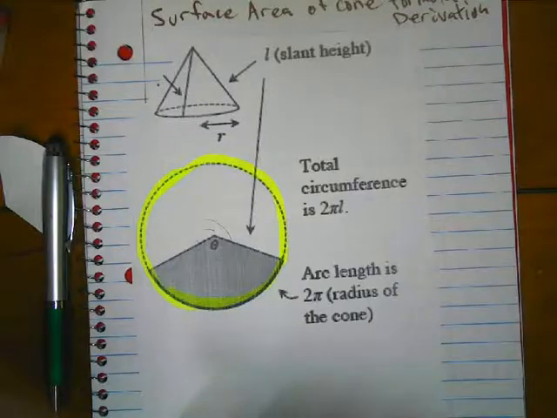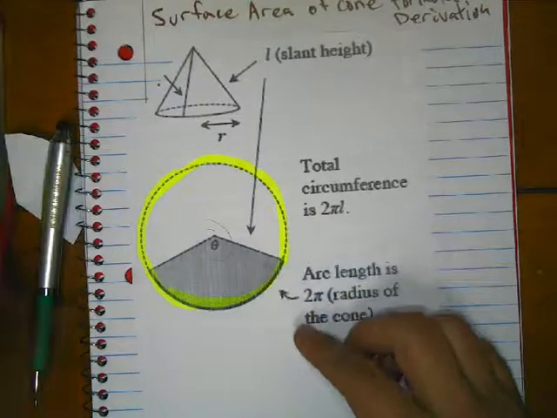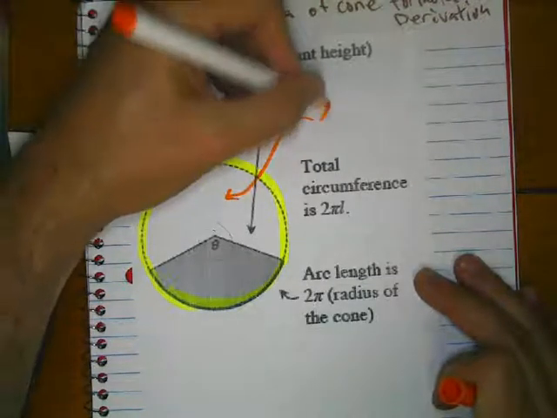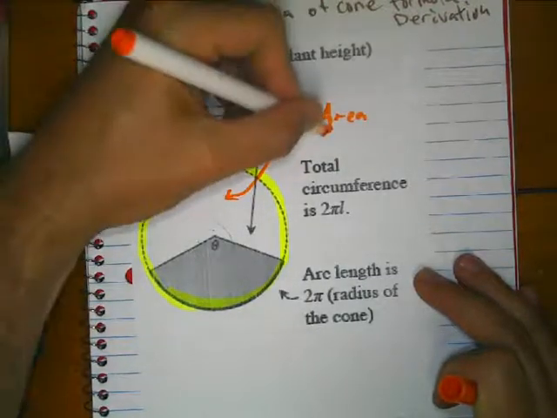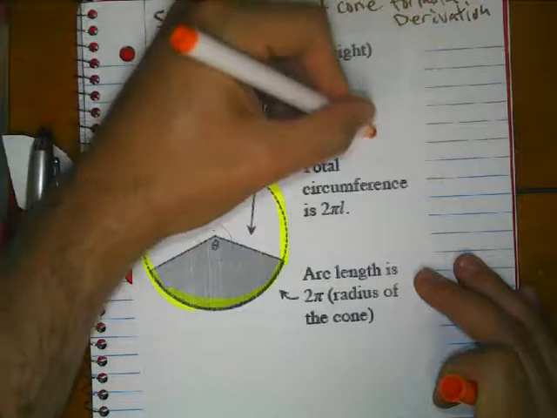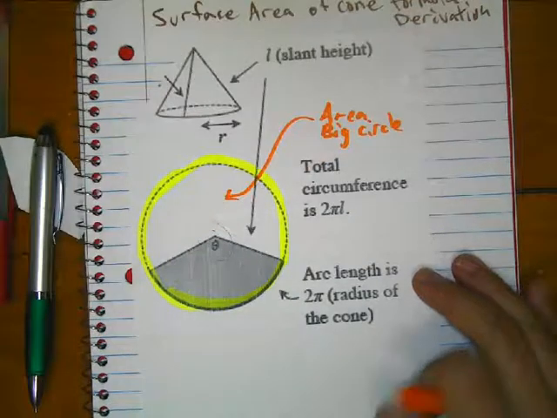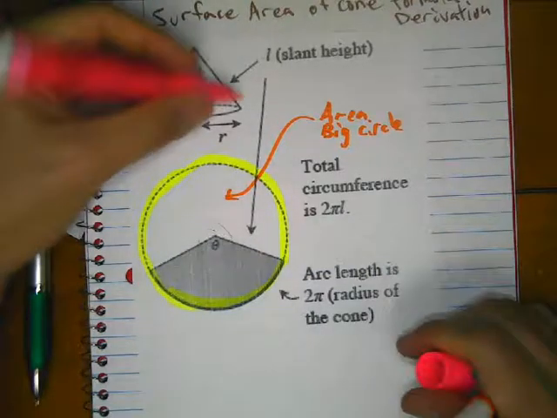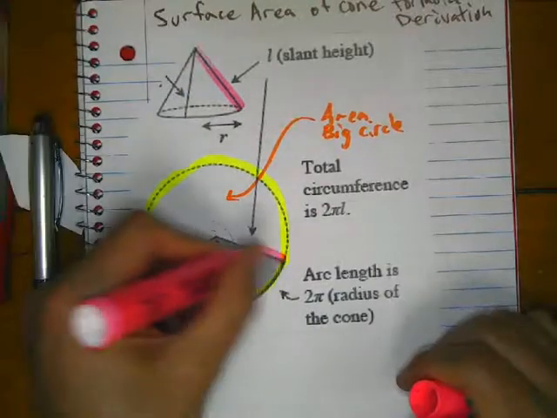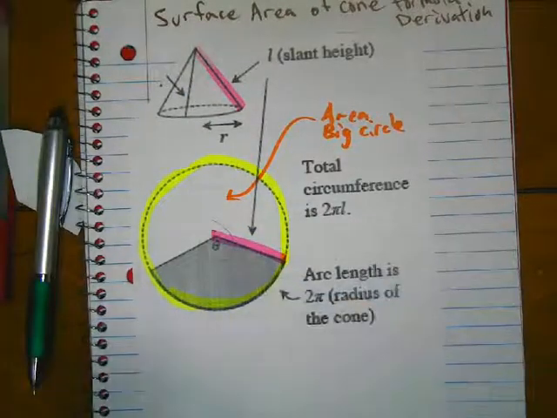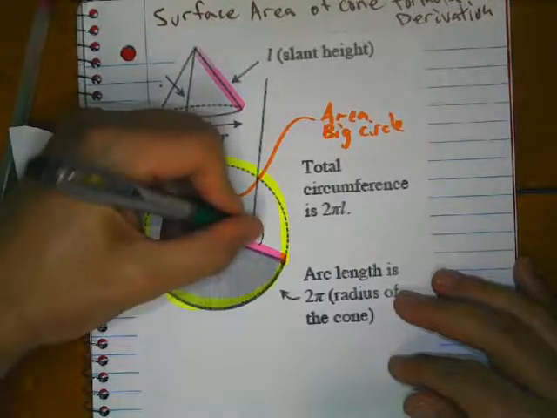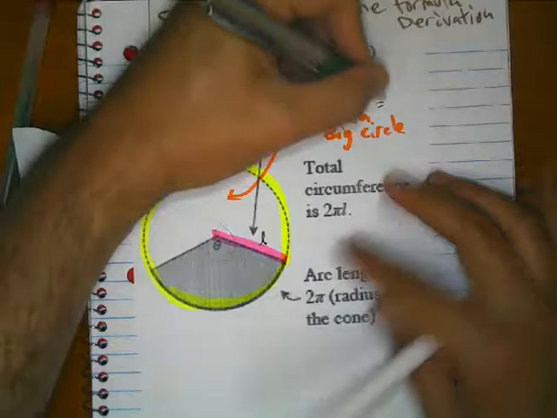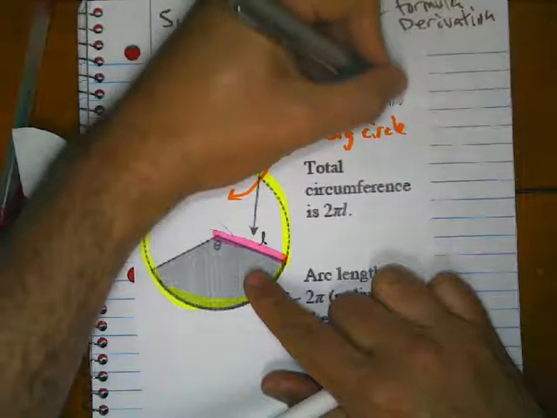The area of the big circle is equal to pi r squared, and for this big circle, the radius is this pink line, which is the slant height. So the area of this big circle is equal to pi times L squared.